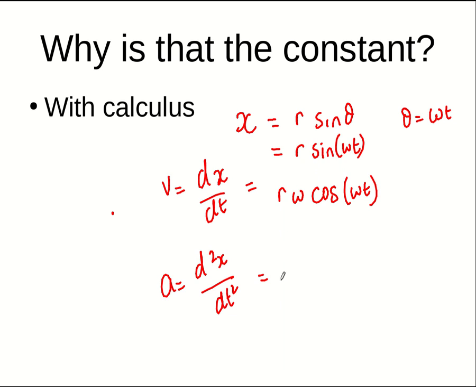Then we differentiate that again, we get r omega stays there, omega comes out, so we get r omega squared, and then the differential of cos is minus sine, so we go minus sine theta, and as before we said r sine theta was x, the displacement, so we got minus omega squared x. Okay, so if you didn't follow that, don't worry, because you don't need either of those derivations. It's just proving that omega squared is the necessary constant to make the conditions of simple harmonic motion an equality rather than a proportionality.